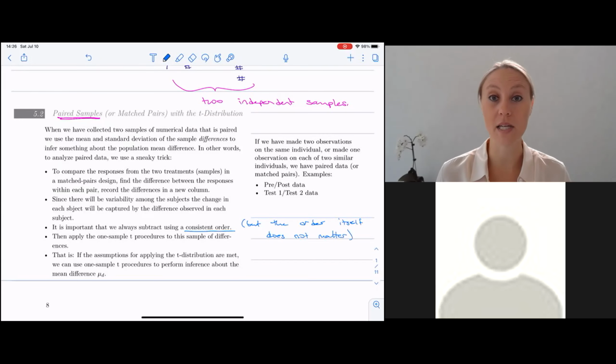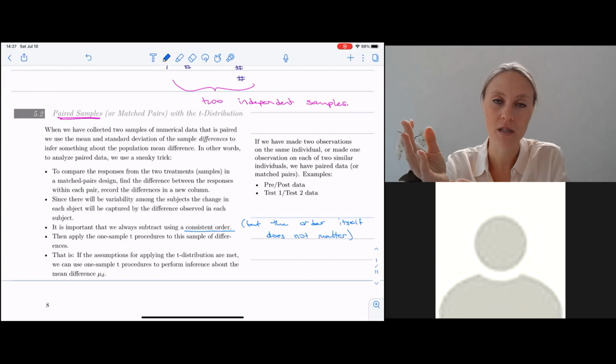If you think about a test 1 grade versus a test 2 grade, if you're doing test 1 minus test 2, what would be an improvement, right? Then test 2 would be larger than test 1. So then test 1 minus test 2 would give me a negative number. So a negative number would mean an improvement, right?